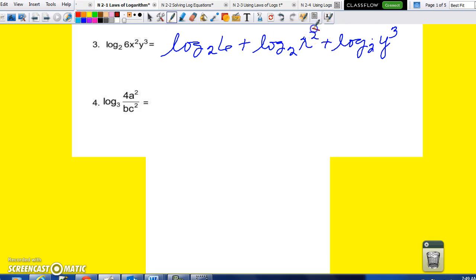But because these are powers, what do I have to do? That is correct. Move them to the front. So this 2 is going to go here in front of that log, and this 3 is going to go here in front of the log, which means they wouldn't be here anymore.